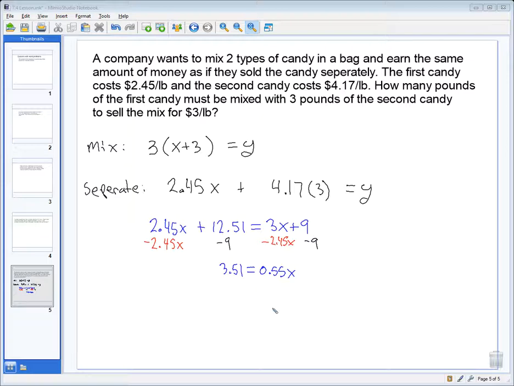Now I just need to divide. So I'm going to take my 3.51 and divide that by 0.55. And that tells me that it's approximately 6.38. Now remember that x represented the pounds of the first candy. So it's approximately 6.38 pounds of candy.